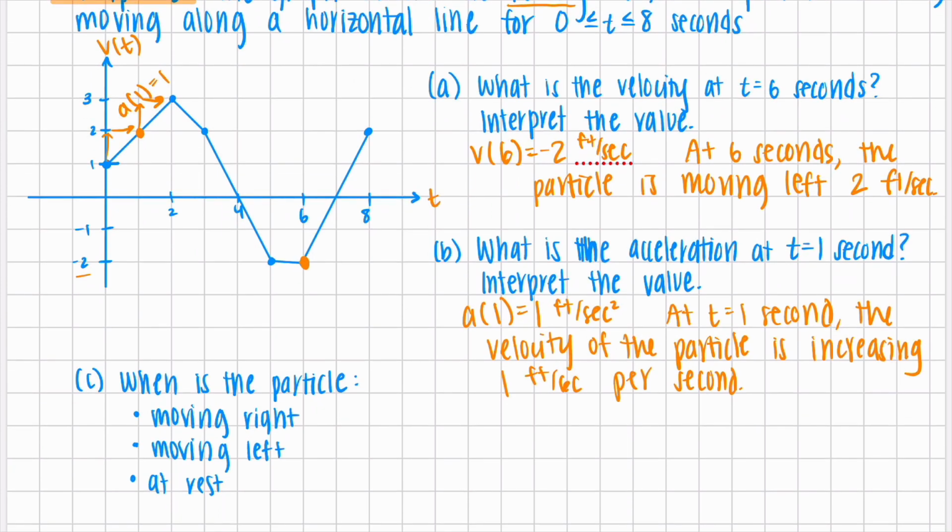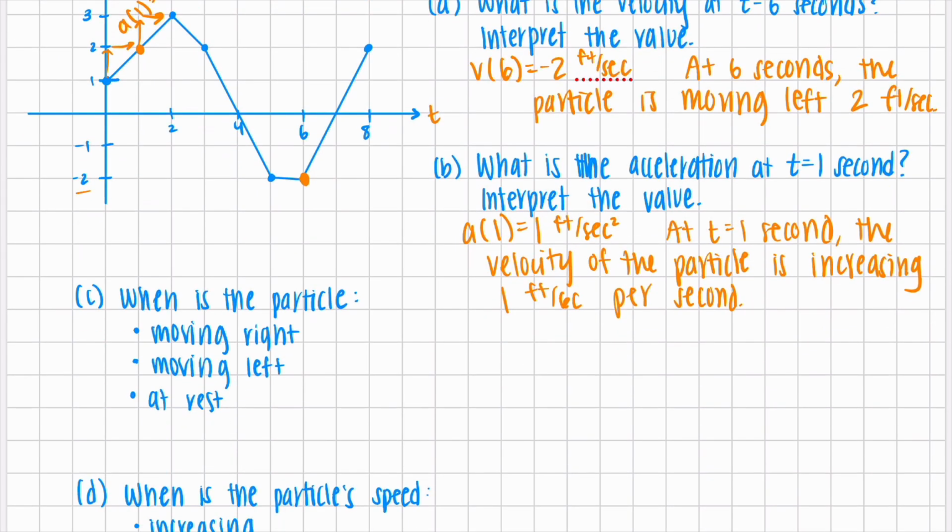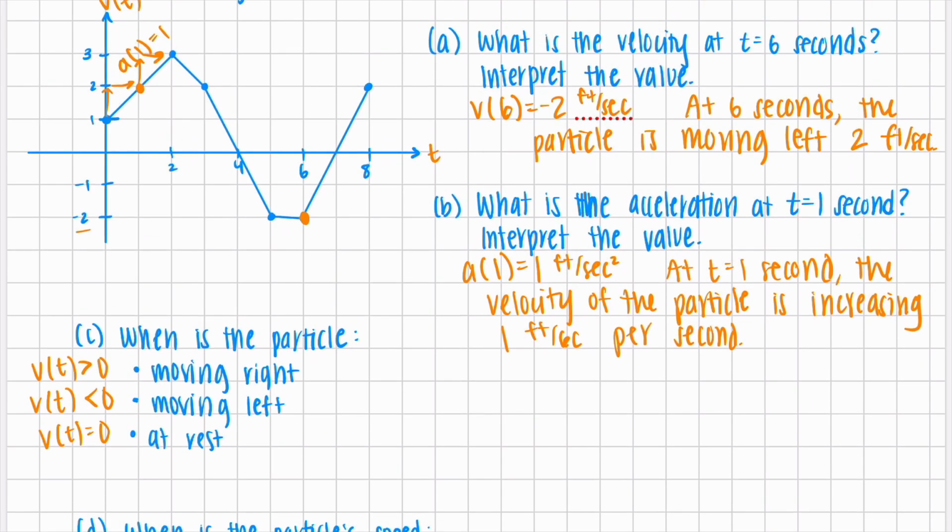Letter C says, when is the particle moving right, when is it moving left, and when is it at rest? So we know a particle is moving right when v of t is greater than 0. We know it's moving left when v of t is less than 0. And we know it's at rest when v of t equals 0. So let's start with v of t greater than 0.